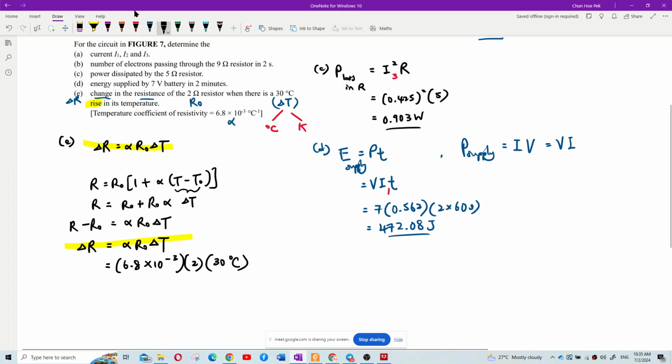Okay. Calculate 6.8 exponent -3 multiply 2 multiply 30 degrees Celsius. So the change in resistance is 0.408 ohm.